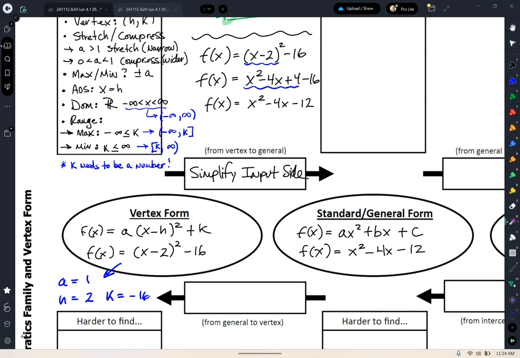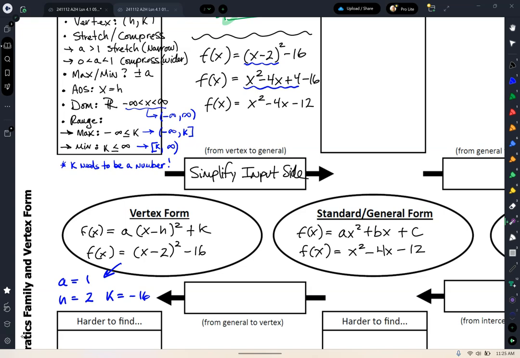Not independent. Dependent consistent, because they would share every point in common, because they're exactly the same. So if I set those two into a system of equations, it would be a dependent consistent system, which has an infinite number of solutions in common.